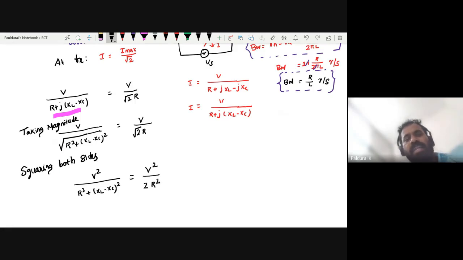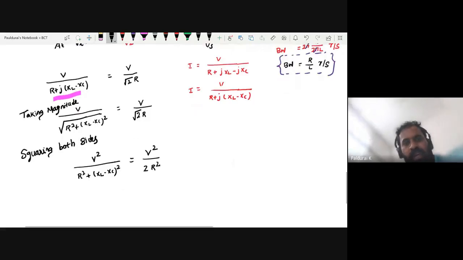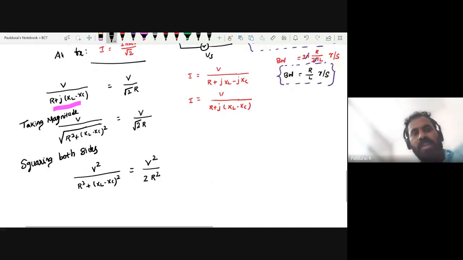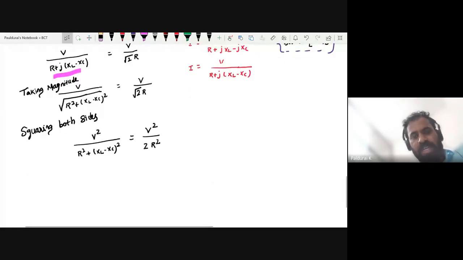Okay, any doubt till now? I took the current at FL, that's it. So the remaining is simple mathematics. V squared cancels. Therefore, what is remaining? R squared plus (XL minus XC) the whole squared equals 2 times R squared.